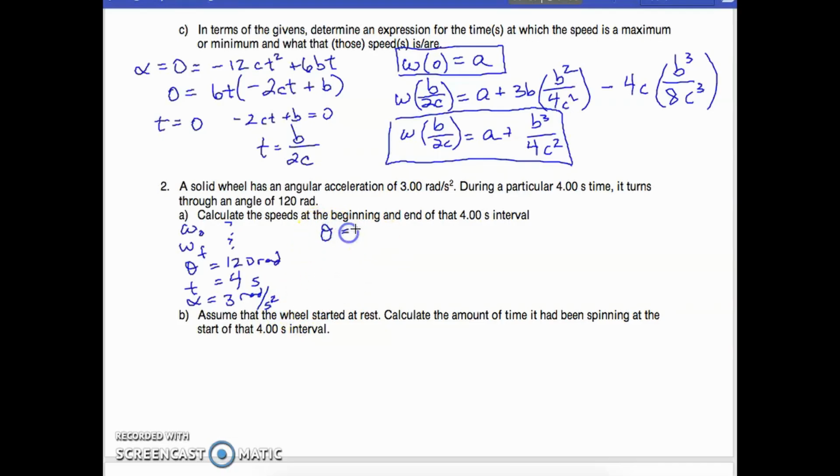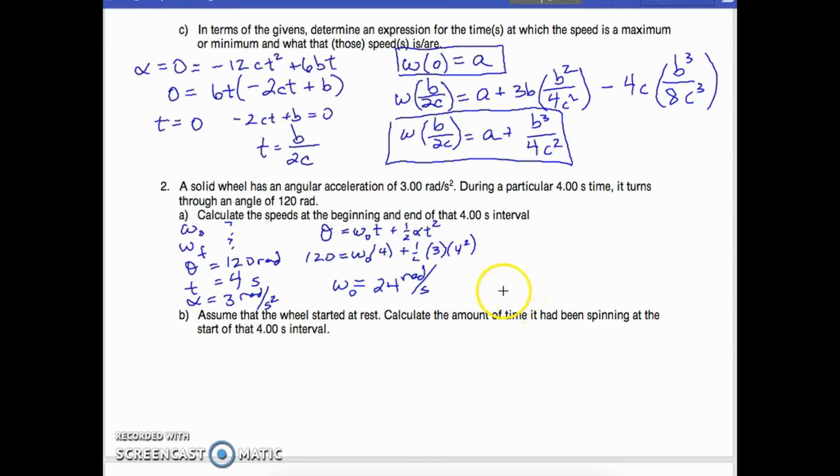Now we can get the original speed by using this kinematic equation, because we know theta, we know t, and we know alpha. So 120 is equal to omega times 4 plus 1/2 times 3 times 4 squared. Arithmetic, and then subtract it, and then divide by 4. Doing some arithmetic and algebra gets us an original speed of 24 radians per second.